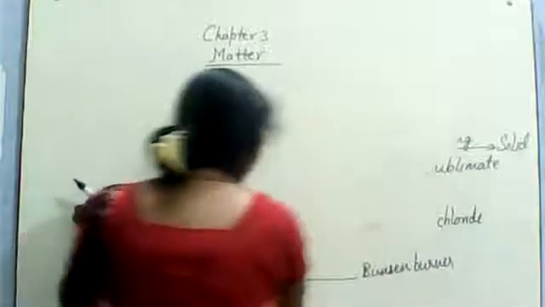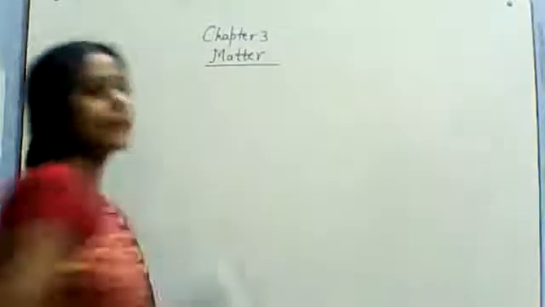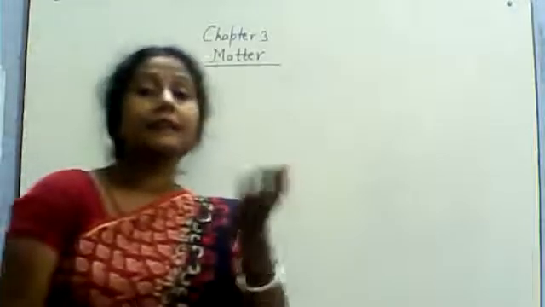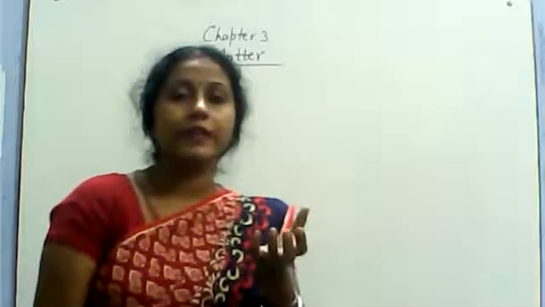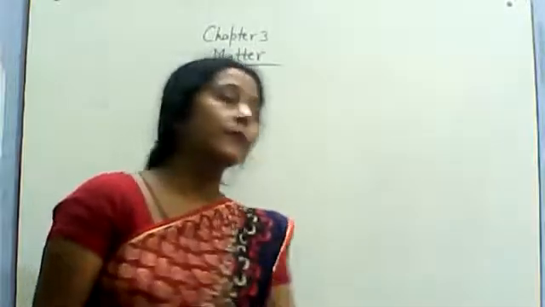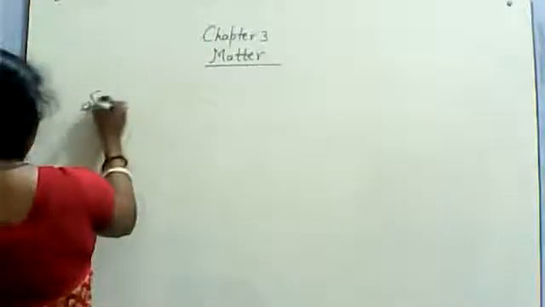Okay. Now, one thing I have forgotten to tell about sublimation. Since in this process heat is added, this is an endothermic process. Sublimation is an endothermic process. Now, the last topic is solidification.